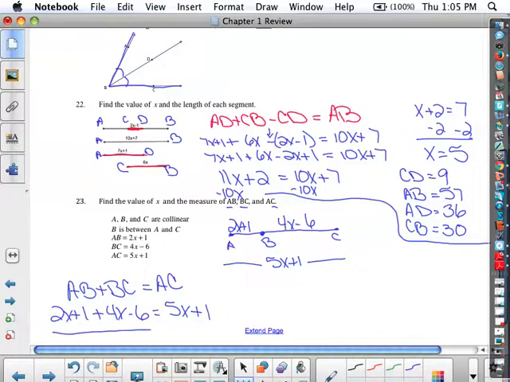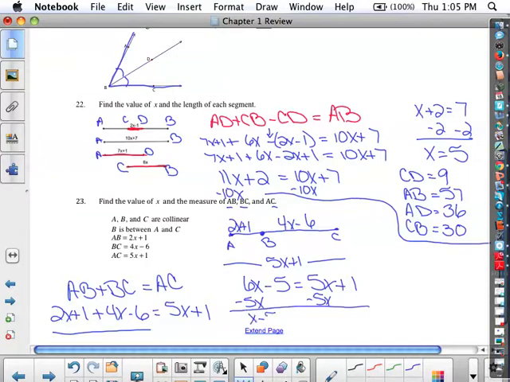So on the left-hand side, I'm going to go ahead and combine like terms. I have 2x plus 4x, which gives me 6x. 1 minus 6, which gives me minus 5, equal to 5x plus 1. Again, I'm going to solve for x by subtracting 5x from both sides.